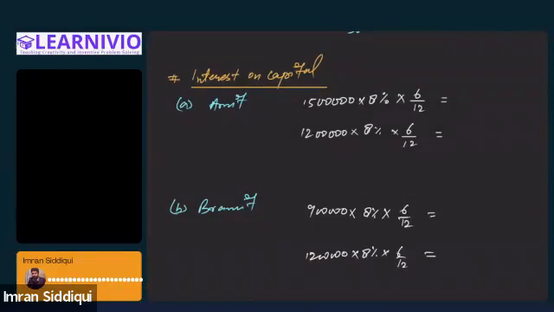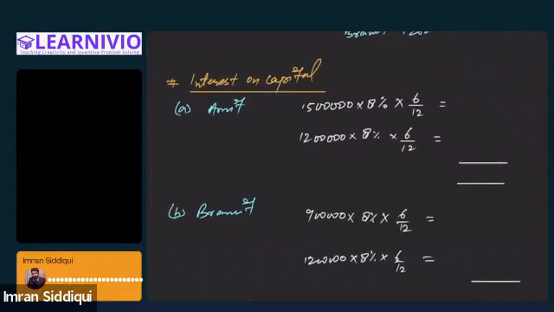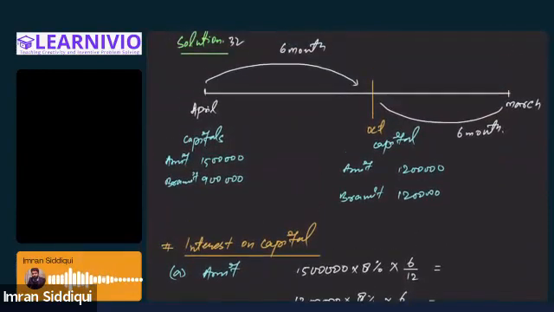Yes, sir. Okay. So I want you to quickly note this down and tell me the final value that will be paid as interest on capital for Amit, and the amount of interest on capital that will be paid to Brahmit. Please note this down and tell me the values. And also let me know if you are having any difficulty understanding anything.